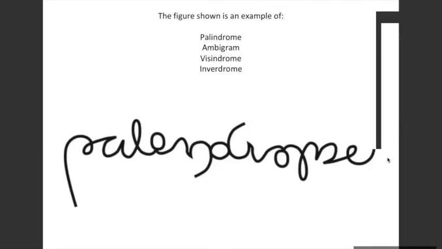An isogram is a word in which no letter of the alphabet occurs more than once.